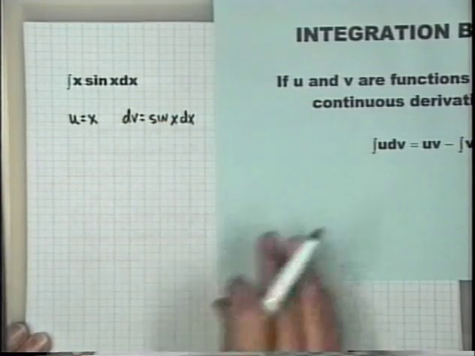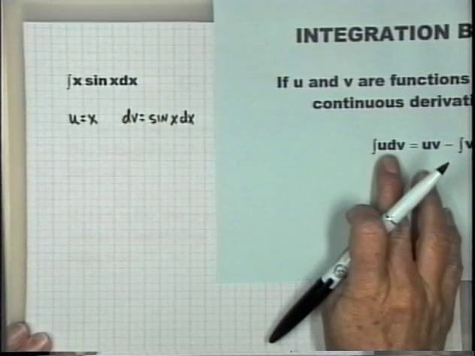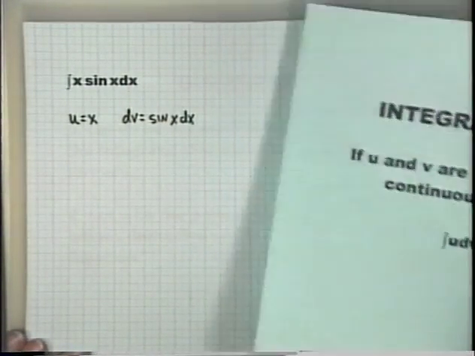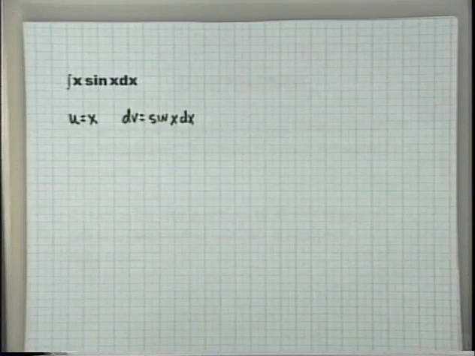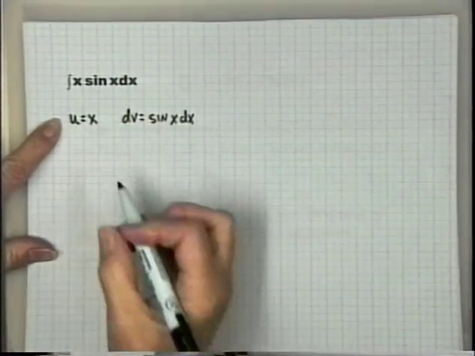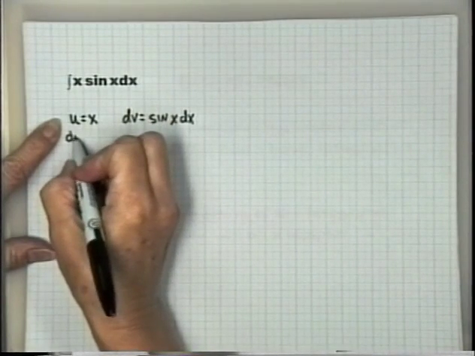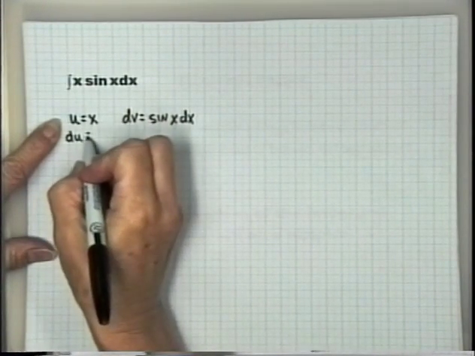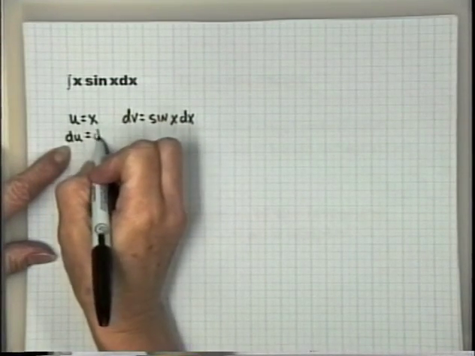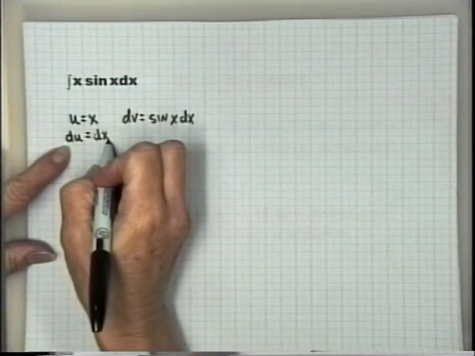Okay? Now, once I've taken my initial integral and identified part of it as u and part of it as dv, the next step is to look at what we've written right here and use this, first of all, to find du. So if u equals x, du would equal 1 times dx, wouldn't it?